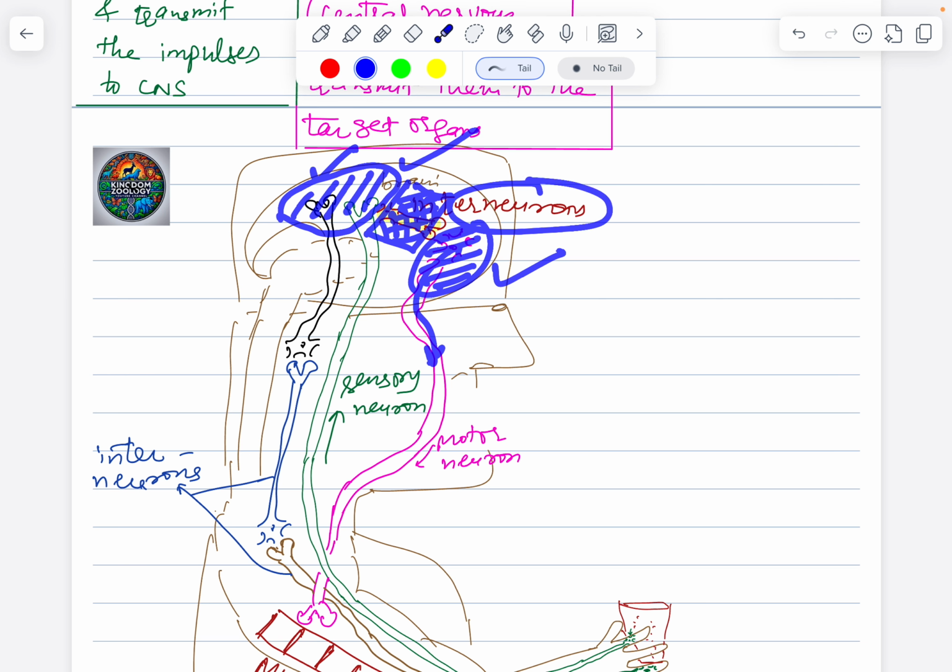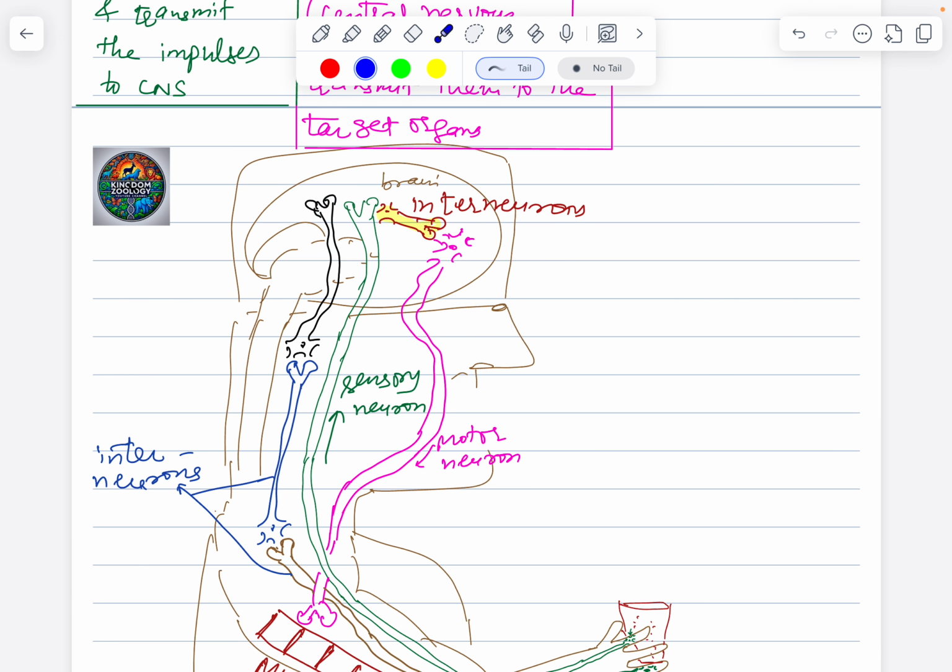Association parts are the ones that have got the interneurons that help the sensory and the motor areas to communicate with each other. In fact, the reality is maximum areas of your brain are actually association areas, the ones that help in integration of activities of sensory and motor neurons, because what is present in all those association areas? Association neurons or interneurons.